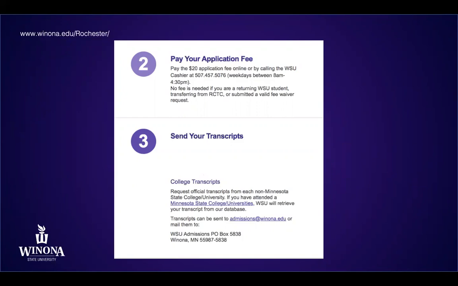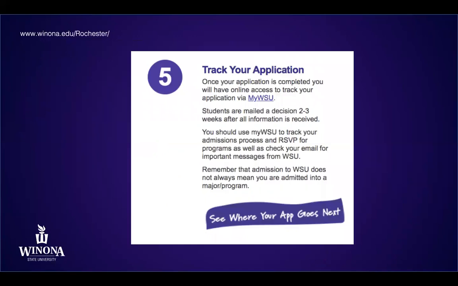And then you submit your college transcripts. If you are coming from a Minnesota State college or university, we can retrieve your transcripts. Otherwise, you can send them to admissions@winona.edu or mail them to us as well. Then we want you to track your application at My WSU. We usually like to mail you a decision 2 to 3 weeks after all of your information is received.